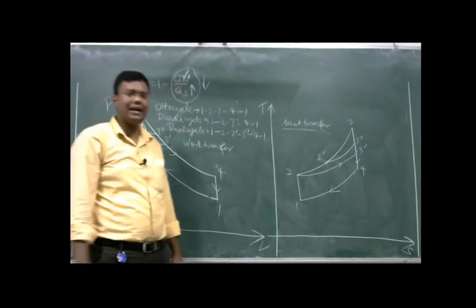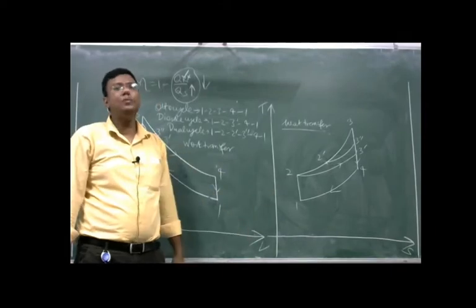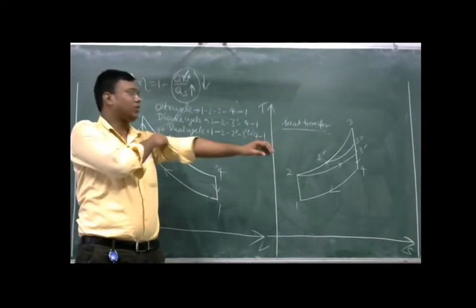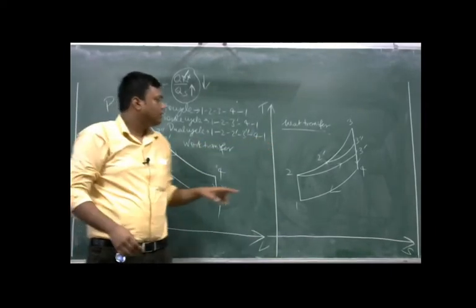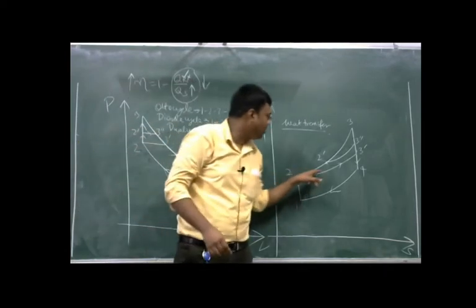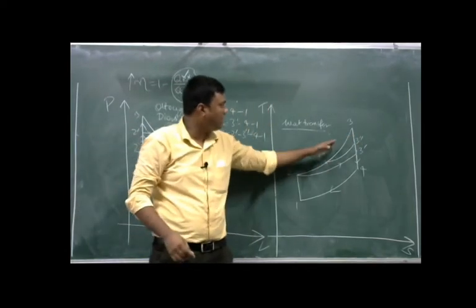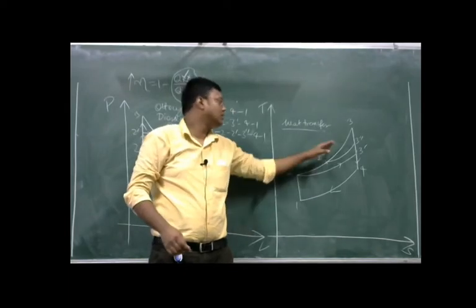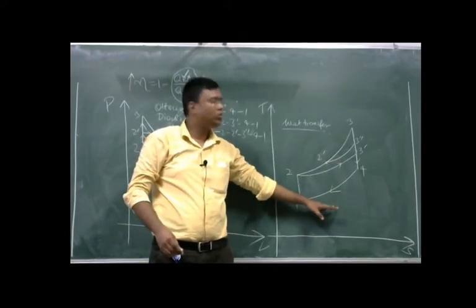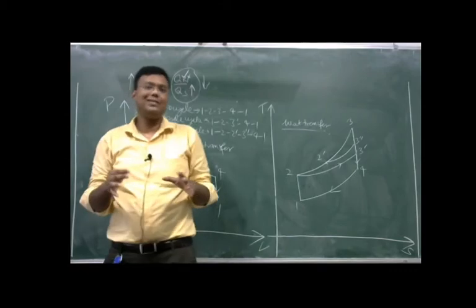On the TS diagram, the area below the curve gives the heat transfer. So for any curve, just see the area below the curve. The area below the curve shows how much heat transfer there is.